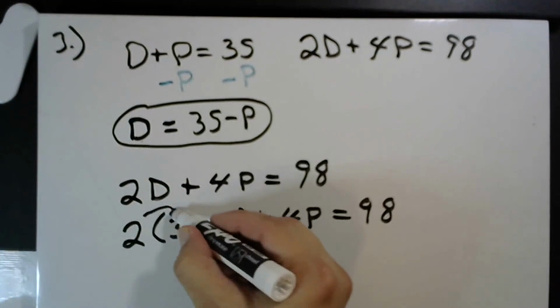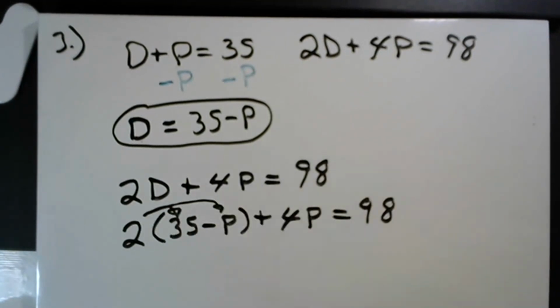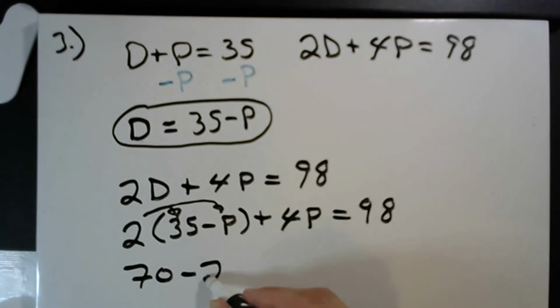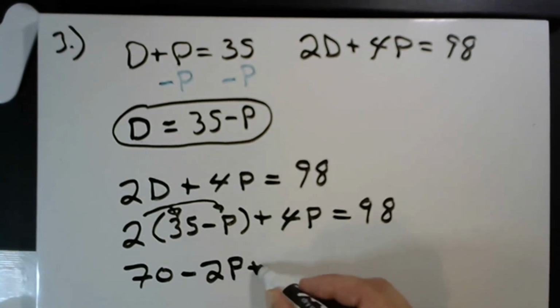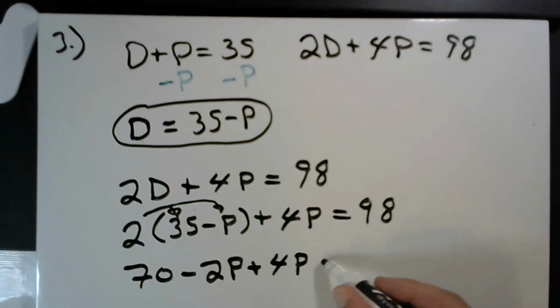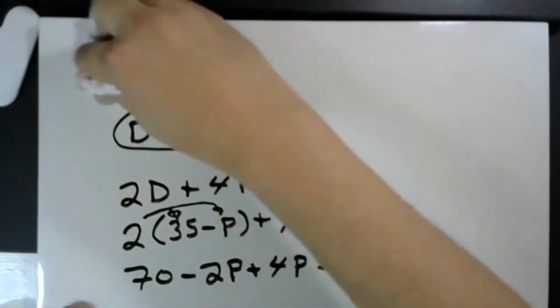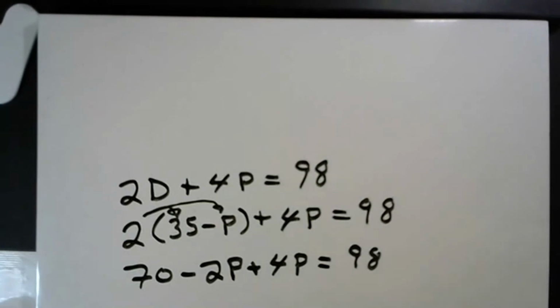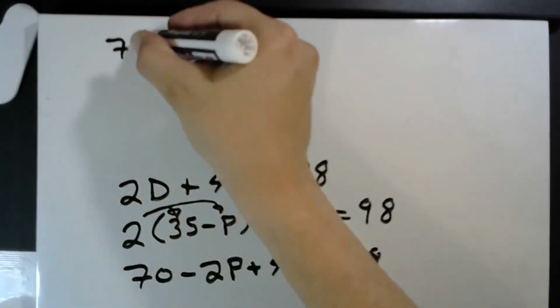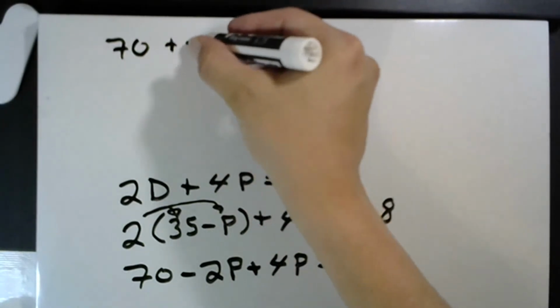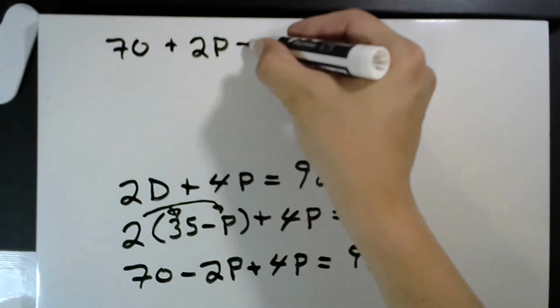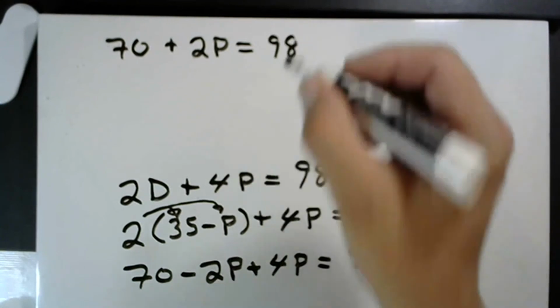So we can distribute this too. That gives us 70 minus 2p plus 4p equals 98. If we gather like terms, 70 plus 2p equals 98.